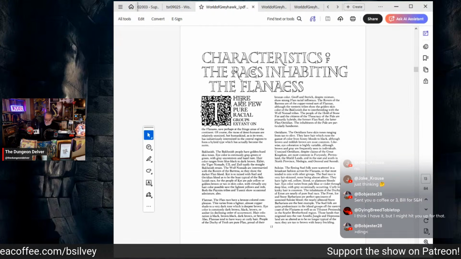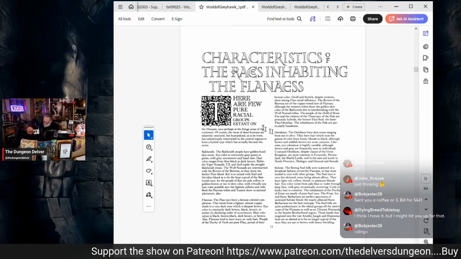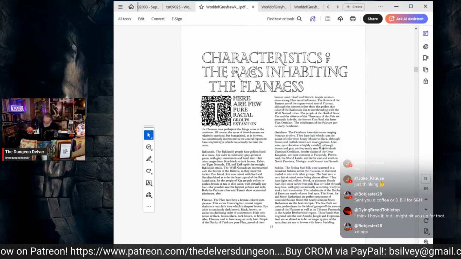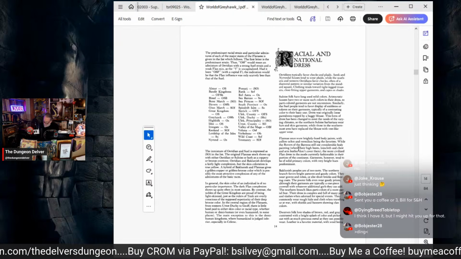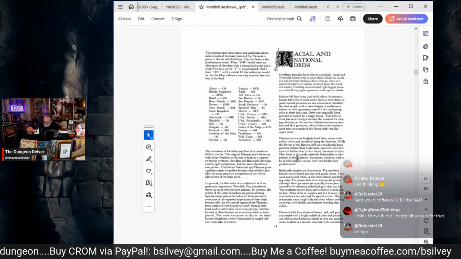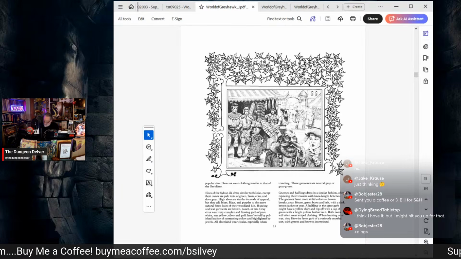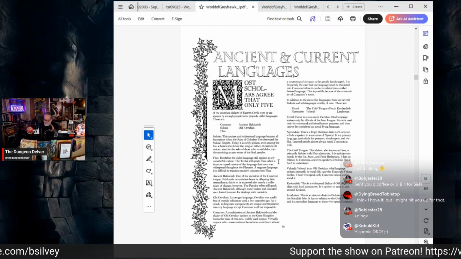I just adore that. Right there under Ardians. But it goes into explaining their dress, their mannerisms. We're getting so much.